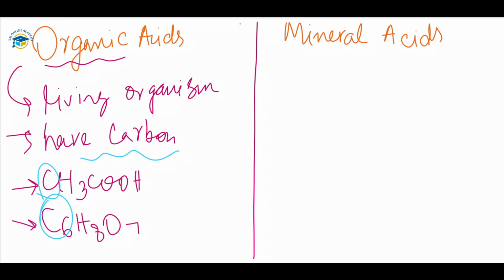Next we have mineral acids. Mineral acids are also known as inorganic acids, as I already told you earlier, and they do not contain carbon atoms in their molecular structures, and they are derived from the minerals.